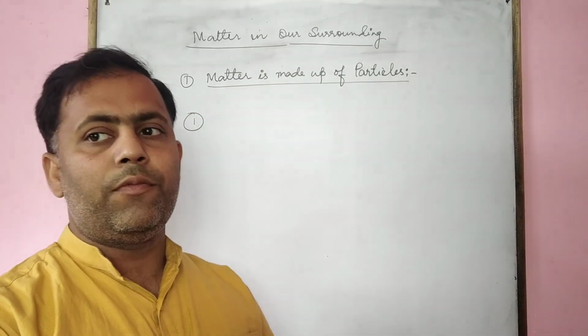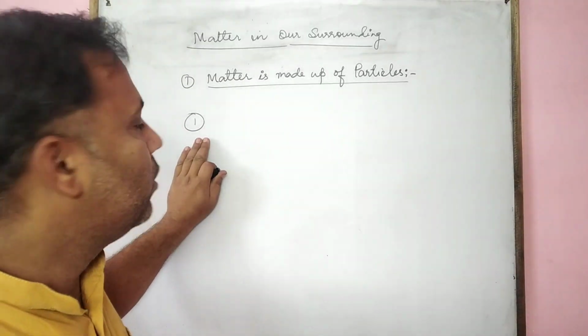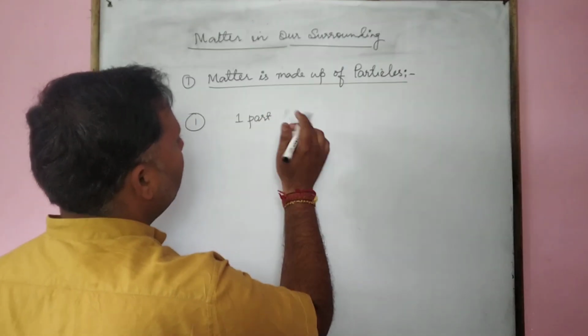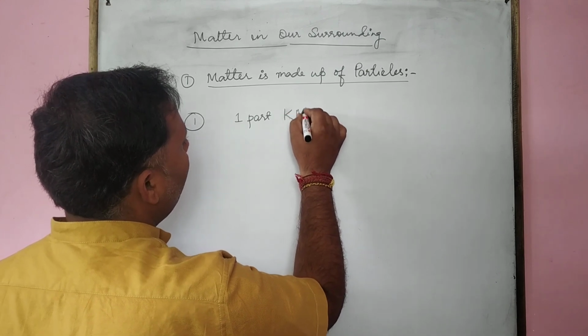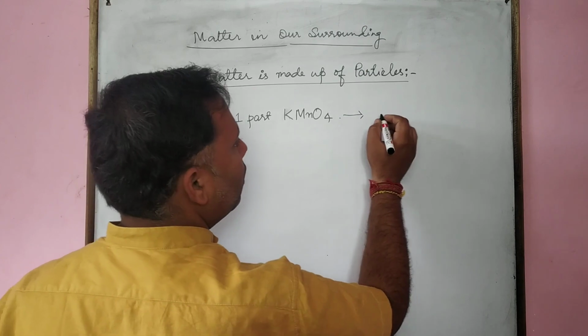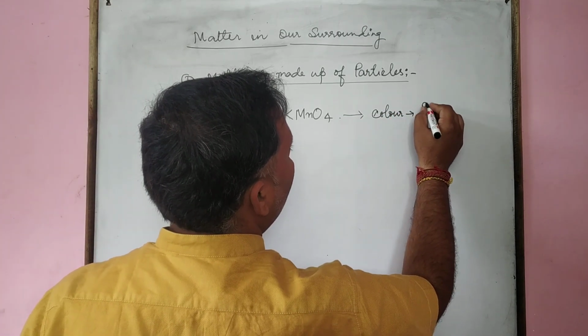In order to define it, we will take a part of KMnO4. You know what is the color? Its color is purple.